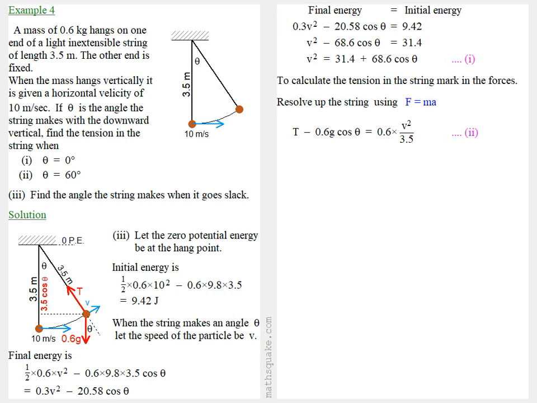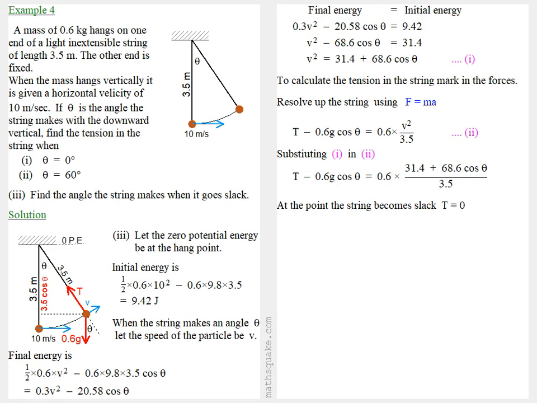We can call that equation 2. Now if we substitute equation 1 in equation 2, we get T minus 0.6 g cosine theta equals 0.6 times v squared, which is 31.4 plus 68.6 cosine theta all over 3.5.